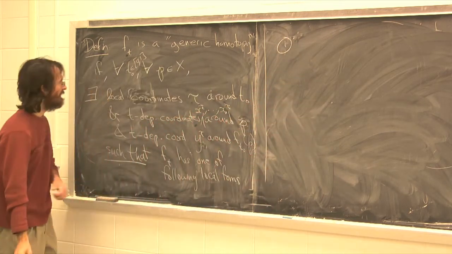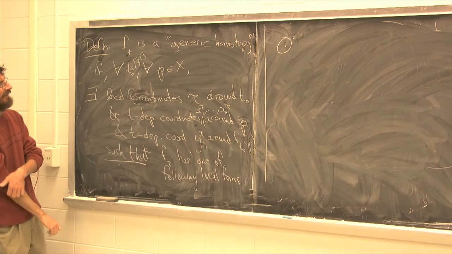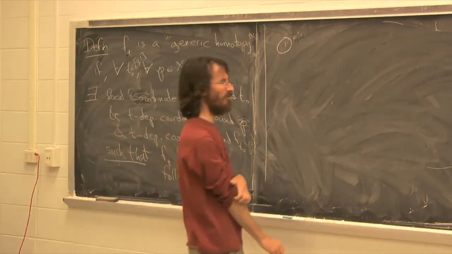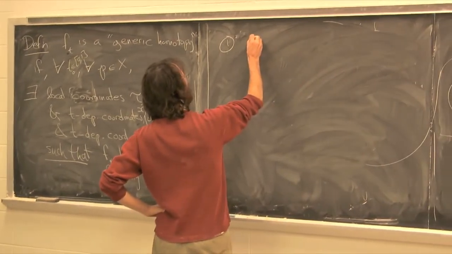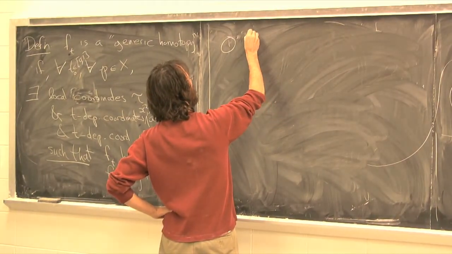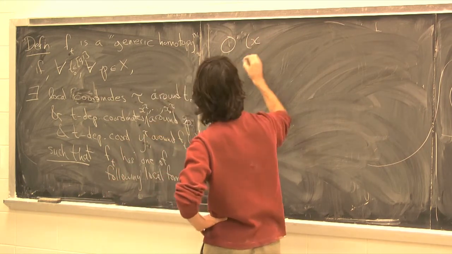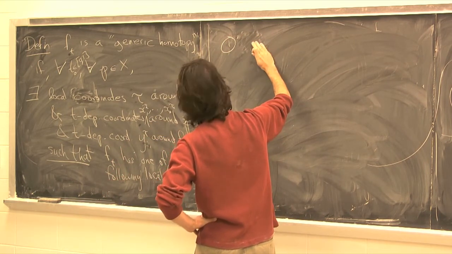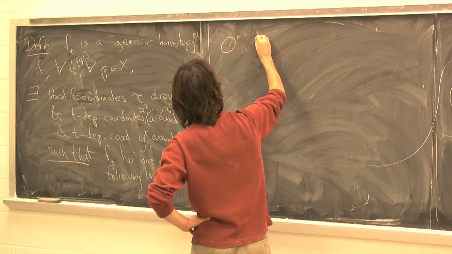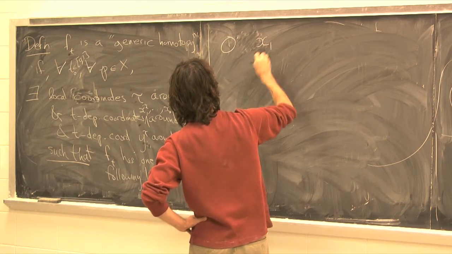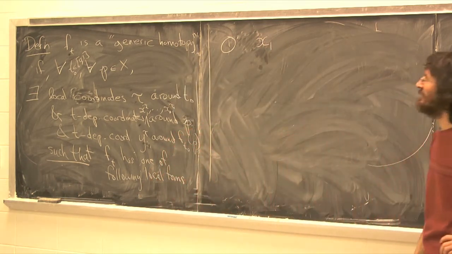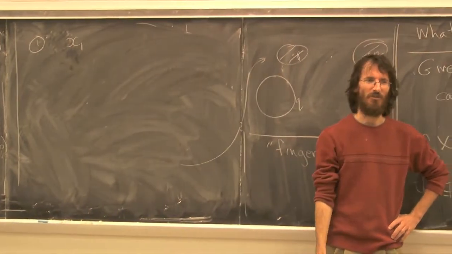Local form number one is that there's no critical value at all. So it's of the form, without writing the superscript, just x1. This may seem a little funny, to say that the function is just x1. What I mean is there are no critical points.